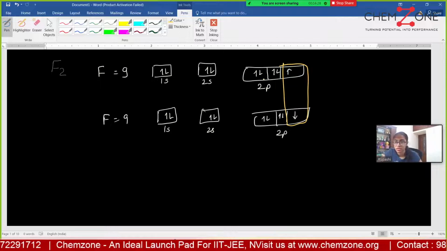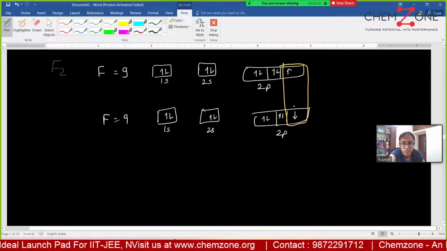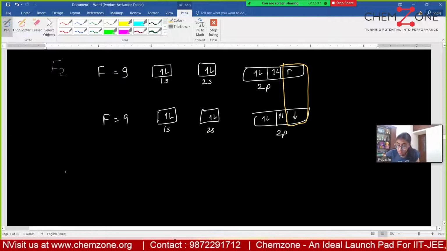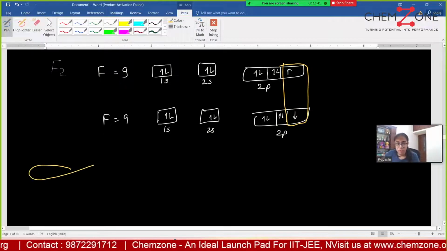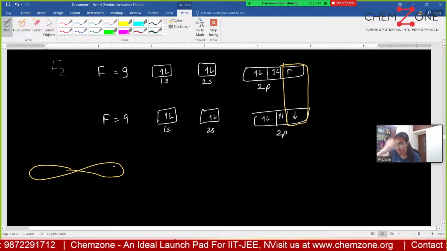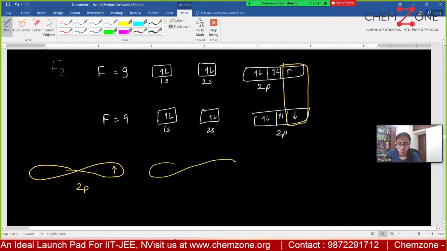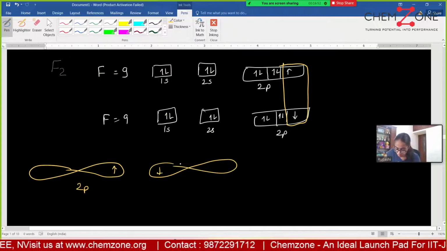Is that clear? So the p orbital is overlapping here. What's the shape of the p? The dumbbell shape. So the 2p orbital of one fluorine overlaps with the 2p orbital of the second fluorine.